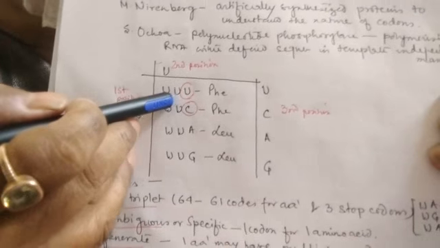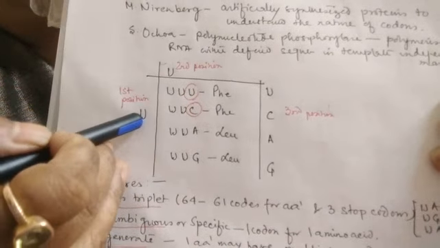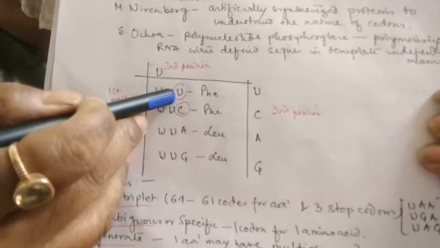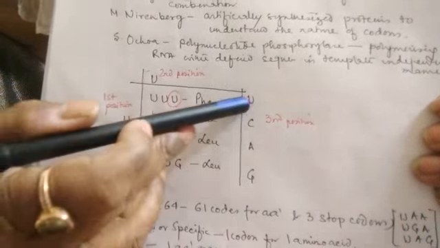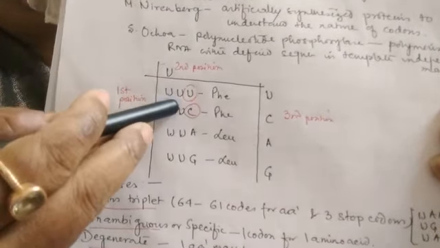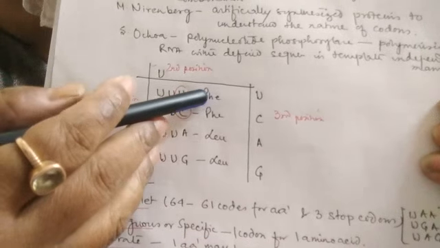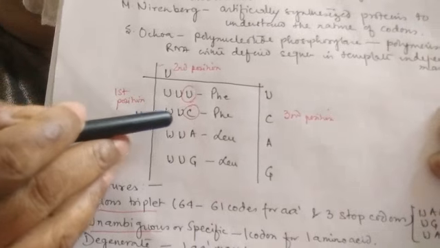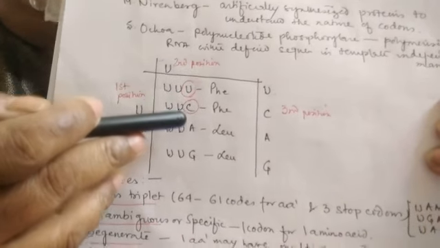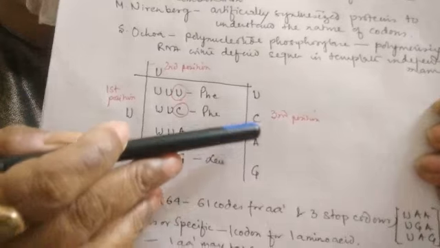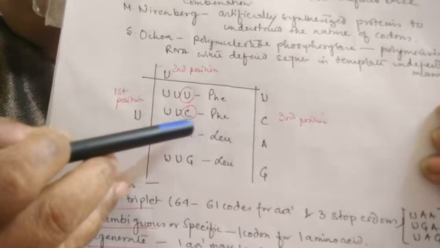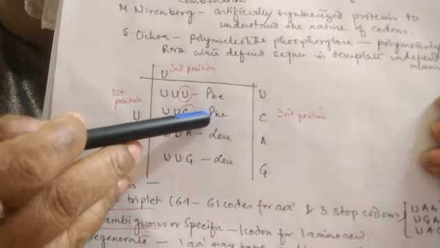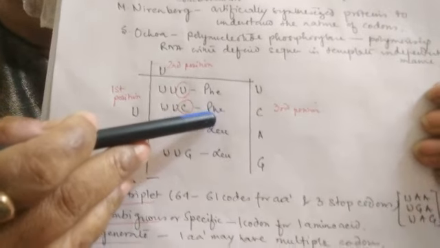So accordingly we can have this codon. Here U is the first position, U in the second position, and U in the third position. So you are getting UUU, which is coding for phenylalanine. Or you can have U in the first position, U in the second position, and C in the third position. So you are getting UUC, which is also coding for phenylalanine.